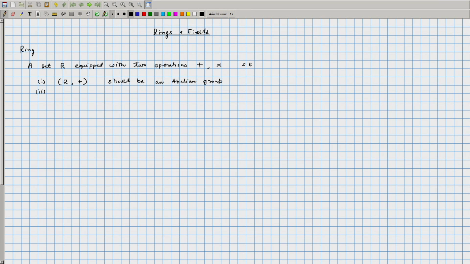And if you look at the operation of multiplication, then that should be associative, and there should be a multiplicative identity.